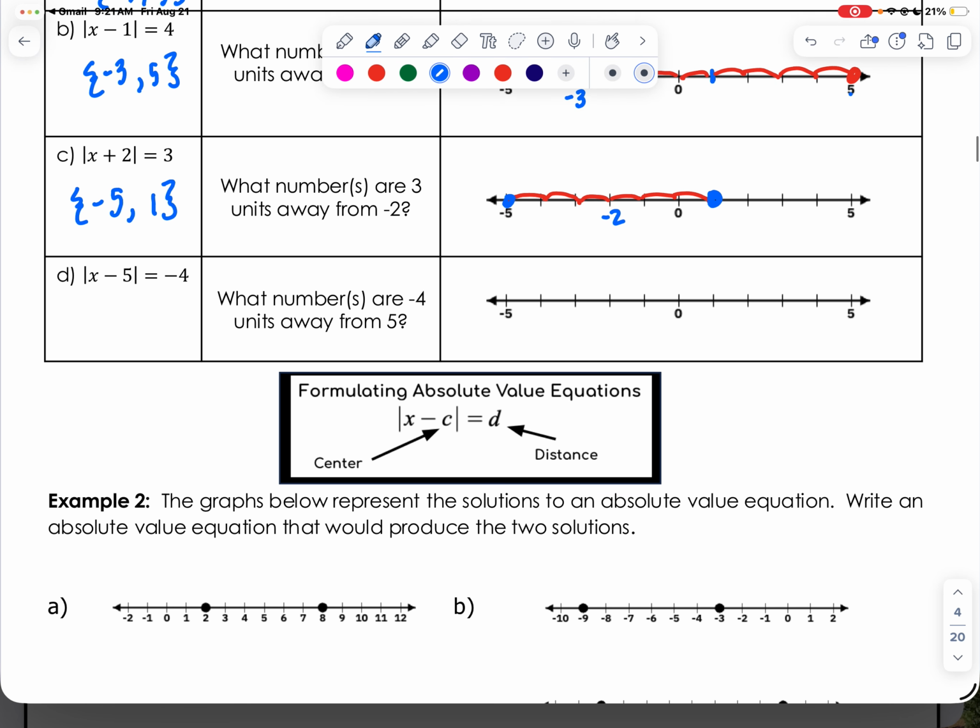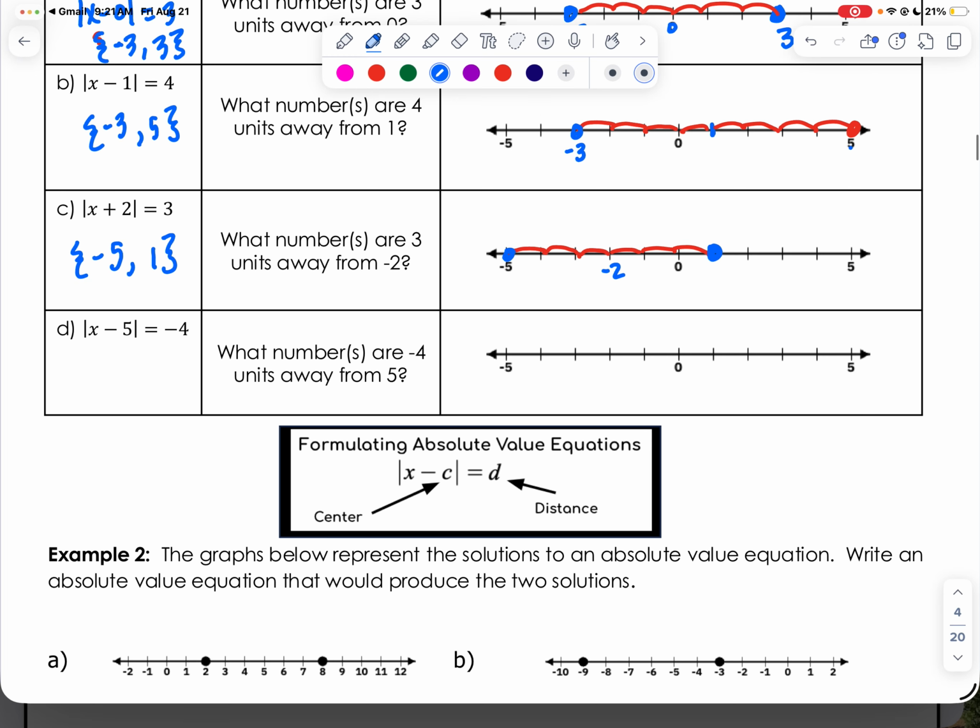All right, problem D. We have the absolute value of x minus 5 is equal to negative 4. So this is saying what number or numbers are negative 4 units away from 5. Well, we have a problem here because distance can't be negative.